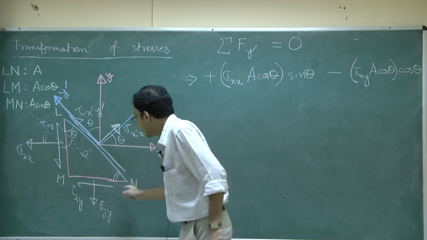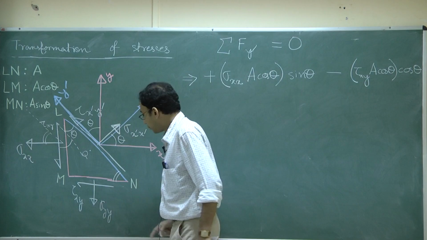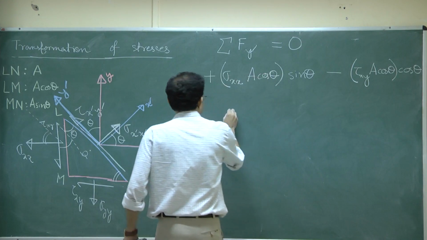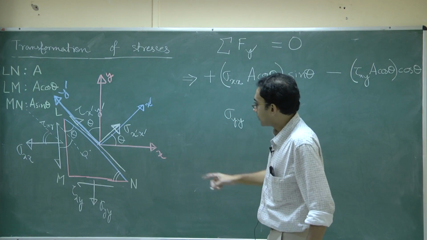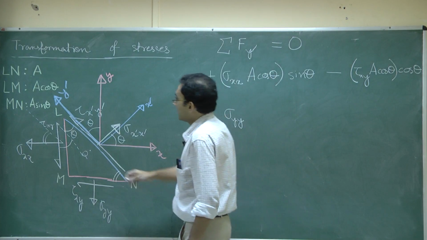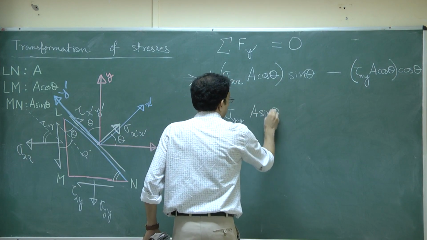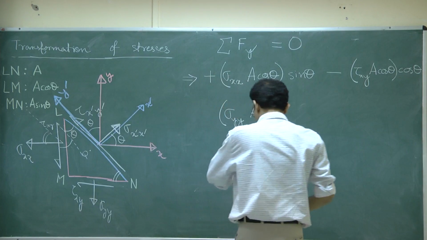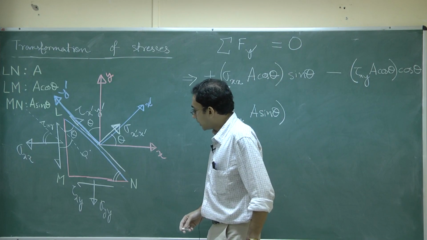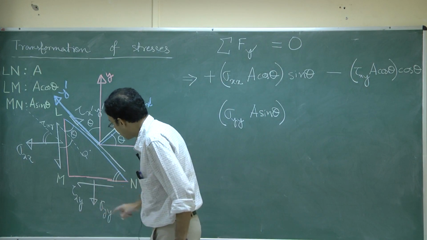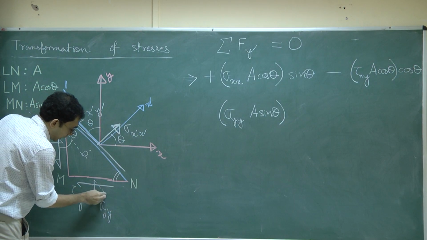Next, we consider the face represented by Mn, and first of all we consider the force contributed by sigma yy. The area of this face represented by Mn is a sin theta, and again I have to take the component of that force contributed by this sigma yy along the y dash direction.